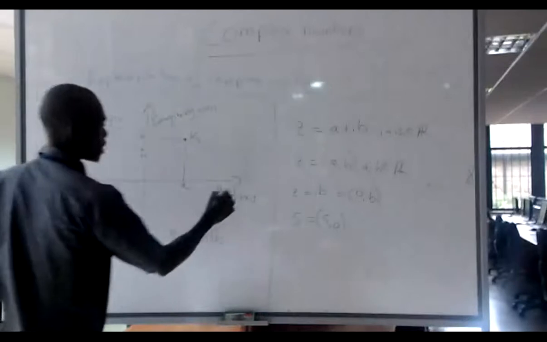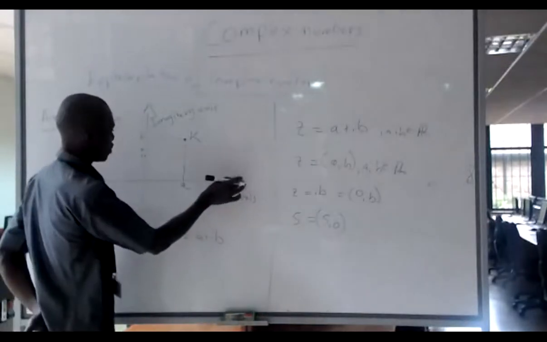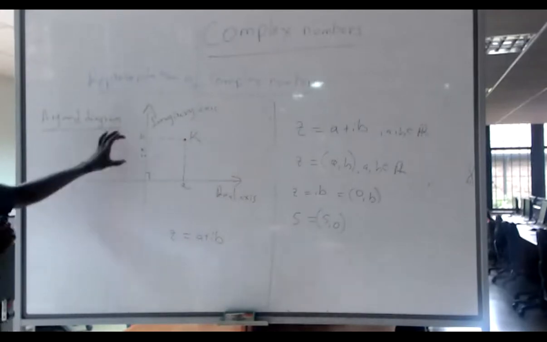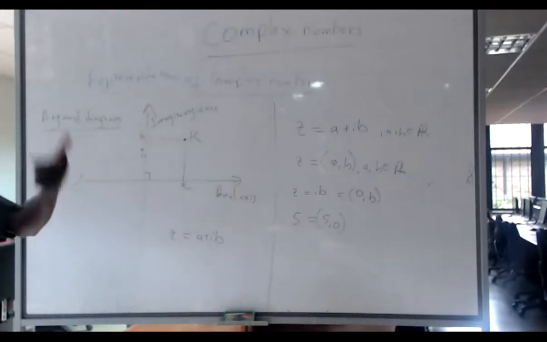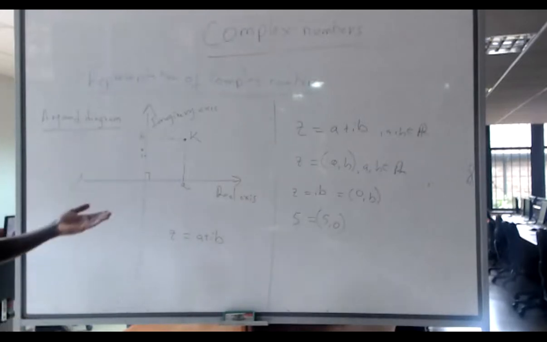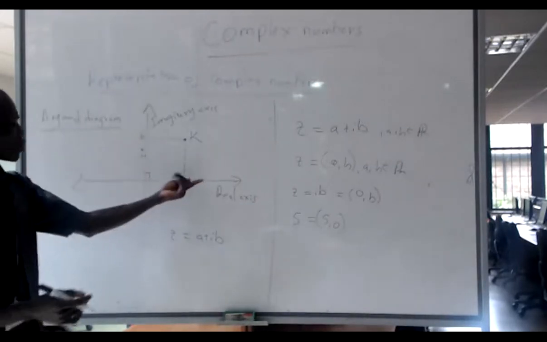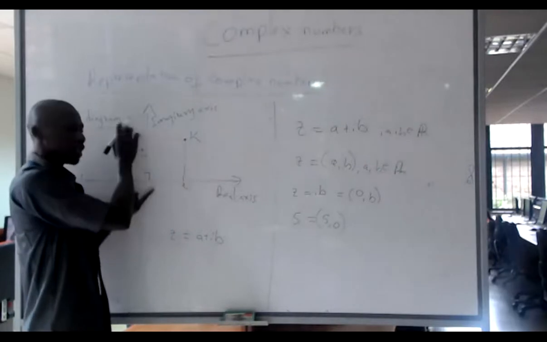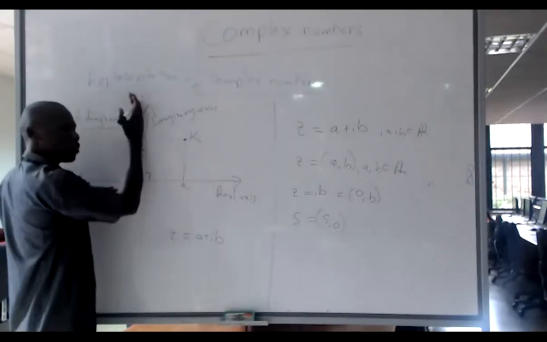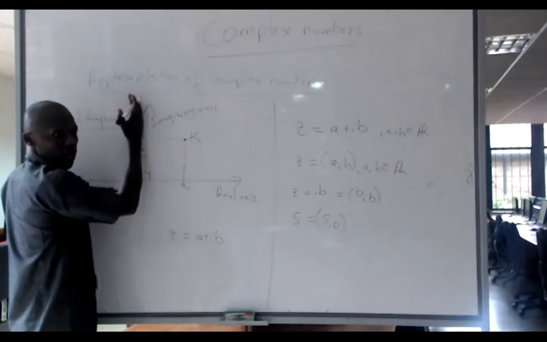If you start to measure from the x-axis, you notice that this angle is 90 degrees. So we get the definition of i as the square root of -1. John Argand defined i as a rotation of the real axis through 90 degrees. So if you rotate this real axis through 90 degrees, you'll find yourself on the imaginary axis.